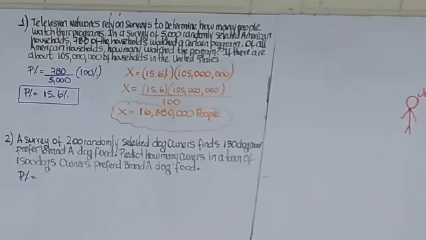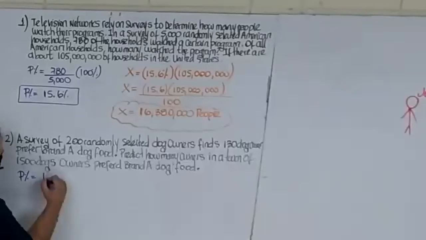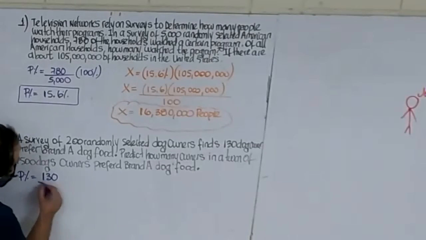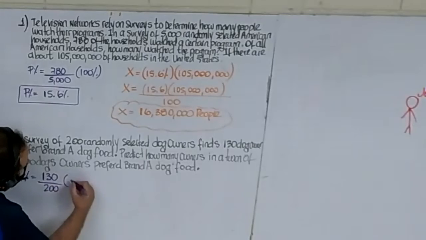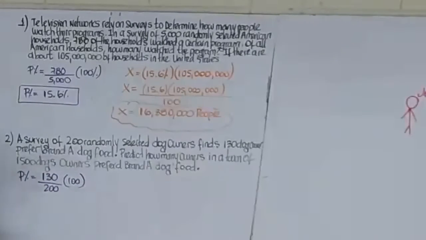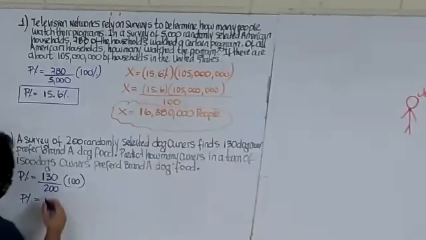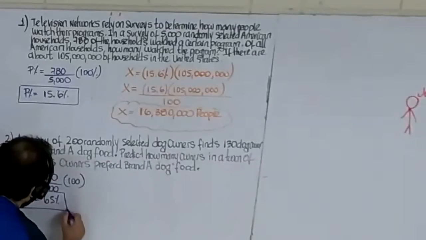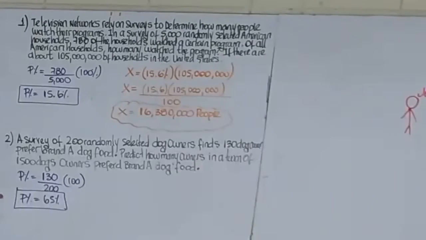So what will be the sample? 130, exactly. 130 divided by 200, and remember, this result is multiplied by 100. So what is the value? 65%. This is the percentage of the dog owners who love brand A.